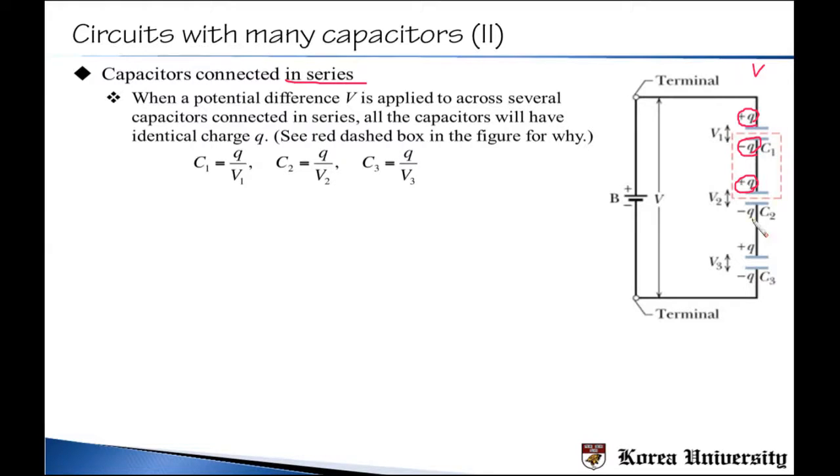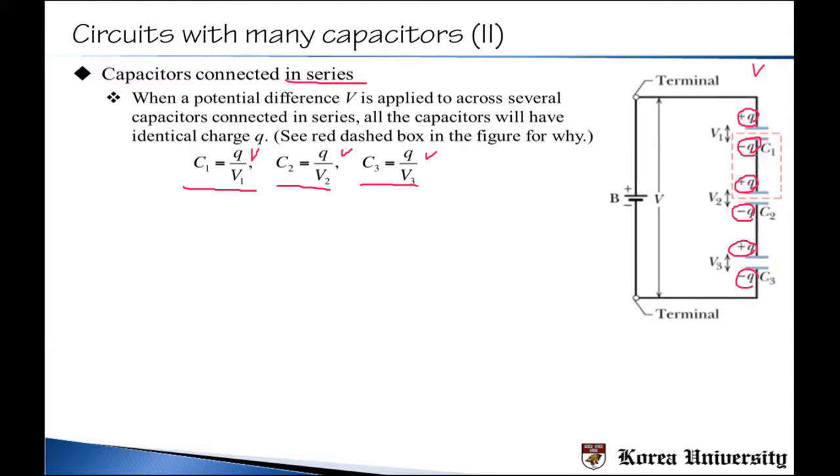And then finally, there will be minus Q again, and plus Q, and then again minus Q. So the amount of charge in each capacitor, in this case, becomes equal to each other. So you can use the same definition of the capacitance and write down the capacitance for each capacitor. Now see Q, Q, Q are the same, but V1, V2, V3 may not be the same.